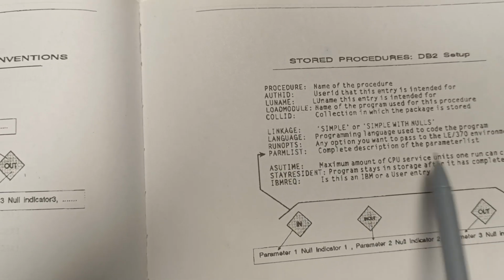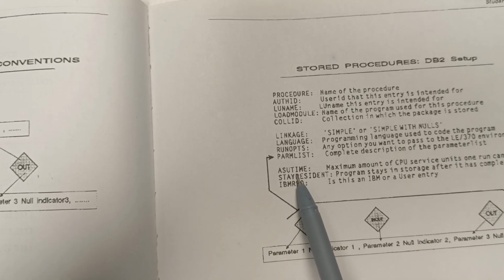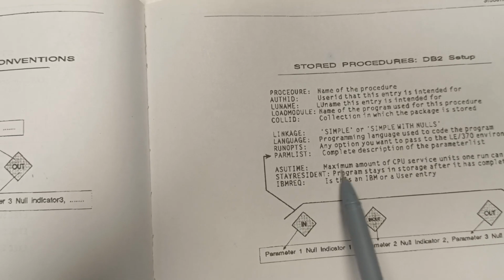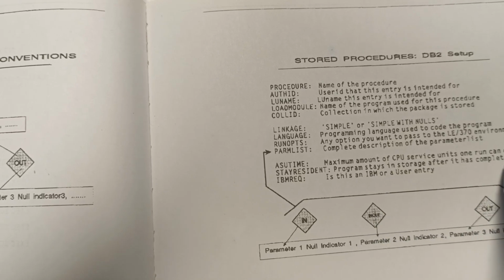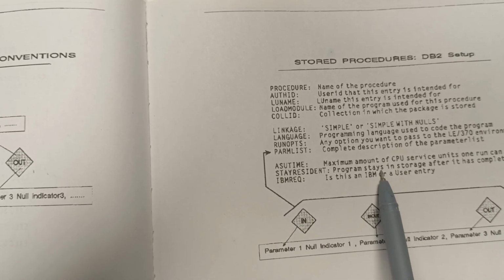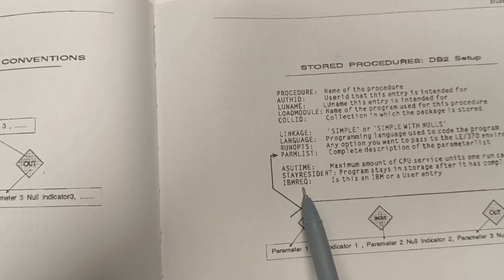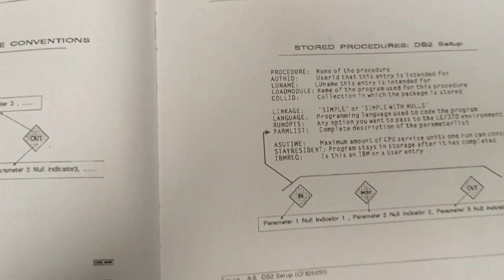Parm list, complete the description, and language, which language you are using. Then ASU time, the maximum CPU service time to use, and stay resident, where the program stays in storage after it has completed, and then IBM request.